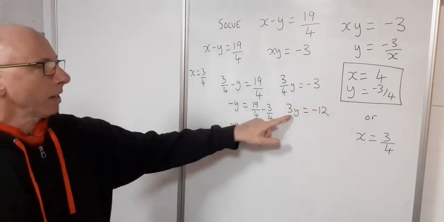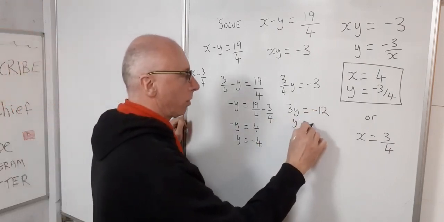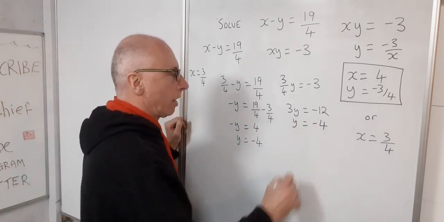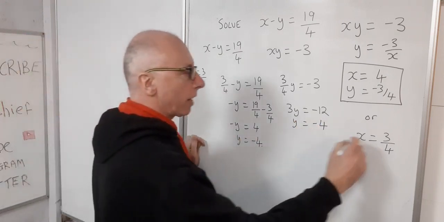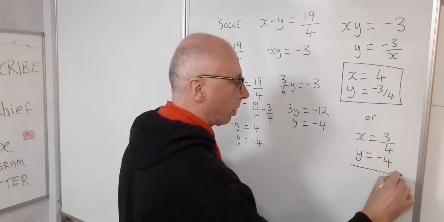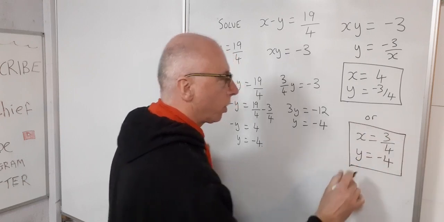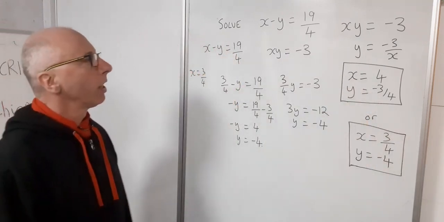Okay, now let's get rid of this 3, divide both sides by 3. So y equals minus 4, and that will take care of that. So we've got the same on both sides. So when x equals 3/4, y equals minus 4. And that's my set of solutions for these two simultaneous equations. And that's where we can end it.